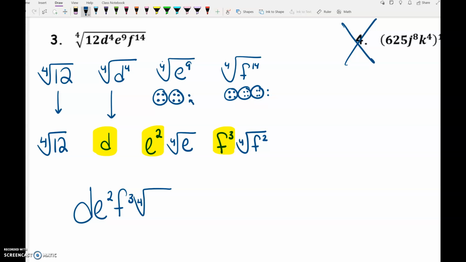Then I do a 4th root. This is why it's important to tuck that index into the checkmarky part. You really want this to obviously be f to the 3rd times the 4th root of something and not f to the 34th. The 4th root of 12e f squared.